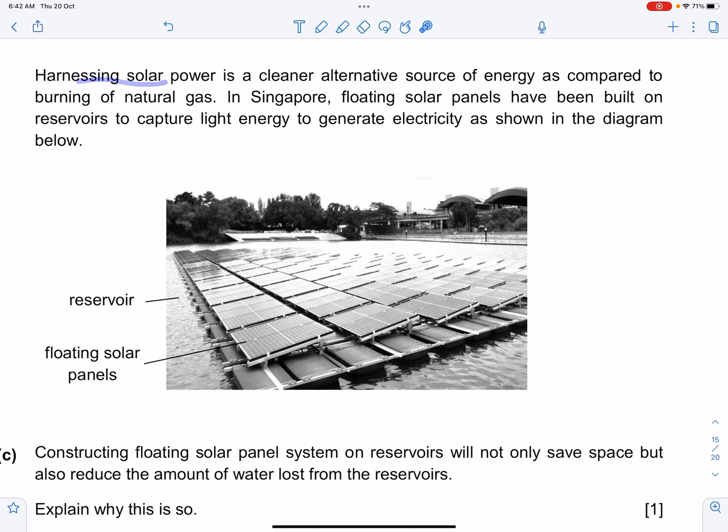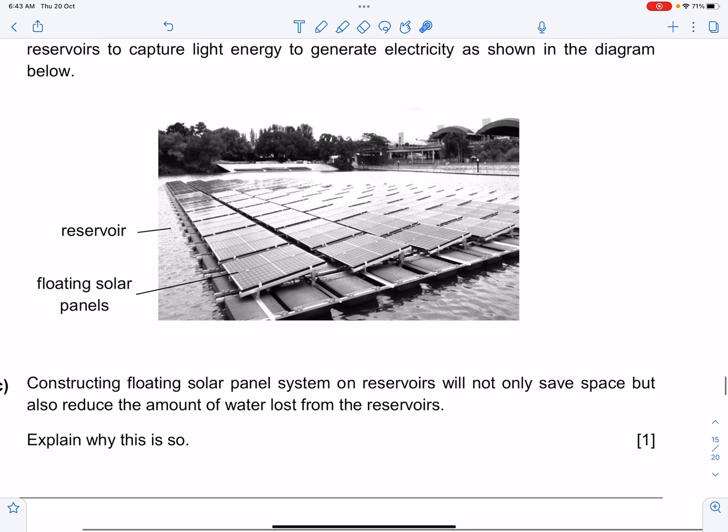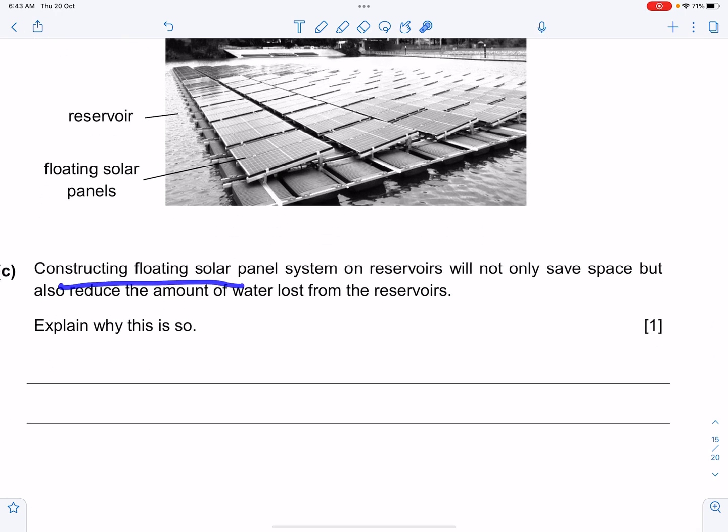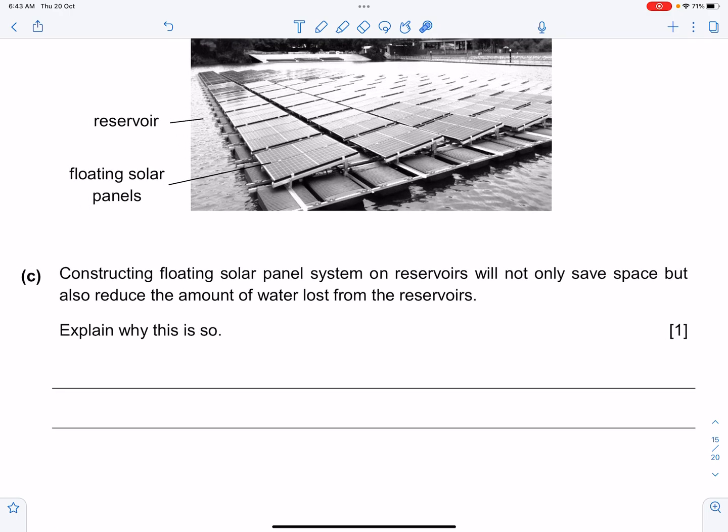Harnessing solar panels is a cleaner alternative source of energy as compared to the burning of natural gas. In Singapore, floating solar panels have been built on reservoirs to capture light energy to generate electricity, as shown in the diagram below. Constructing a solar panel not only serves to save space but also reduces the amount of water loss from reservoirs. Explain why this is so. Usually, parts of the question are related.